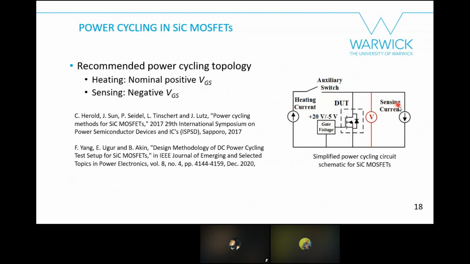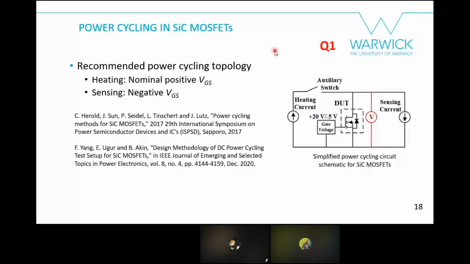And for sensing, you use a negative gate voltage, and you use the voltage across the body diode, just to ensure that your TSEP is not affected by BTI. There are some publications where you can check the whole circuit. This is just a simplified schematic, but in these publications they analyze the implications of this topology and how to design power cycling circuits effectively for silicon carbide MOSFETs.